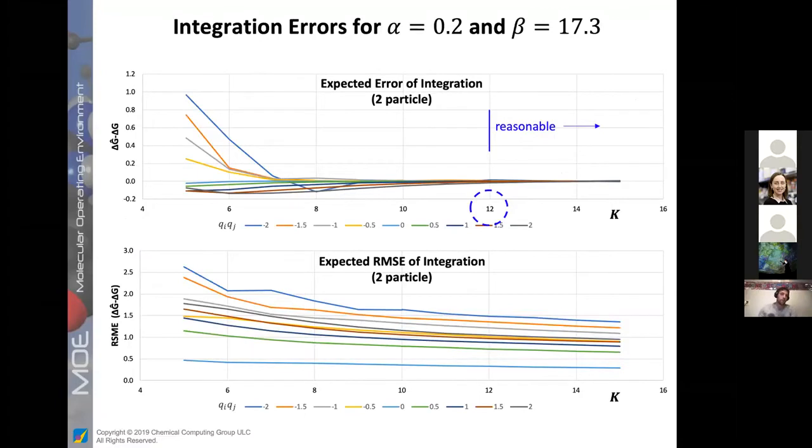So when you now compare the optimized alpha beta parameters and do a full 10,000 lambda window scan and compare this to numerical integration using 6, 8, 10, or 12 lambda windows, you see that starting from like 9 or 10 lambda windows, you essentially have zero error or difference between the numerical integration and the full exploration of the integral.